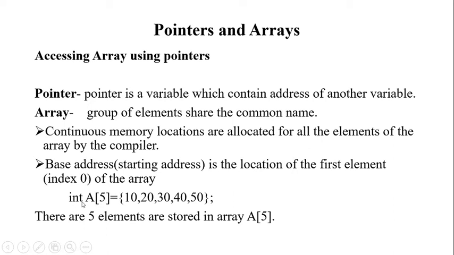Suppose we are declaring int a of 5, this a contains the base address or starting address, or a of 0, the address of a of 0 is the base address. So int a of 5 is equal to 10, 20, 30, 40, 50 means a of 0 contains 10, a of 1 contains 20, a of 2 contains 30, like that. So there are 5 elements stored in array a of 5. So this array name itself is the address, the base address. So a contains the starting address of this array a of 5.